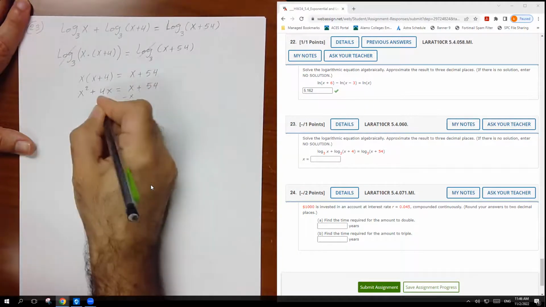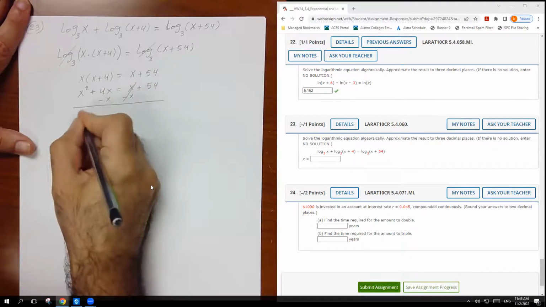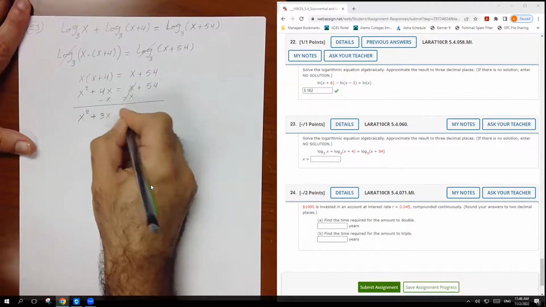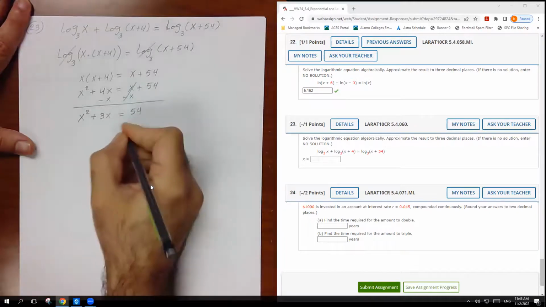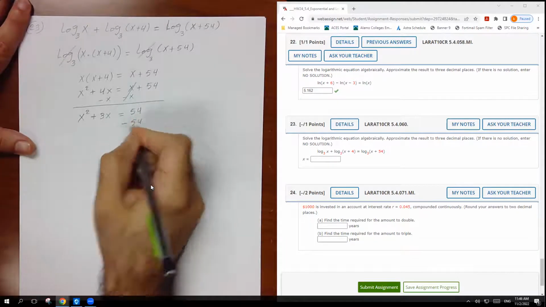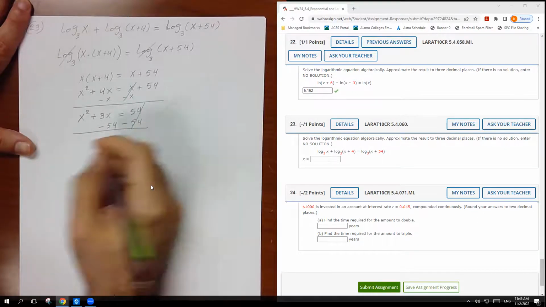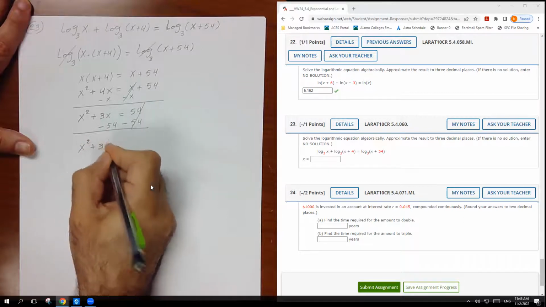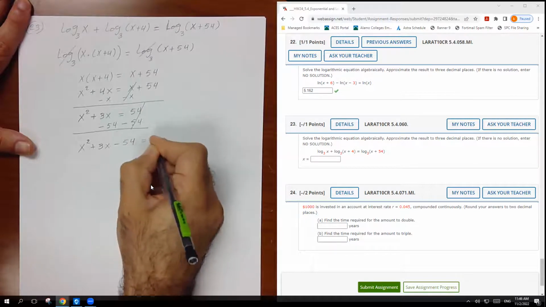Minus x from both sides. So it's going to be x squared plus 3x equals 54. And then you're going to minus 54. That means x squared plus 3x minus 54 equals 0.